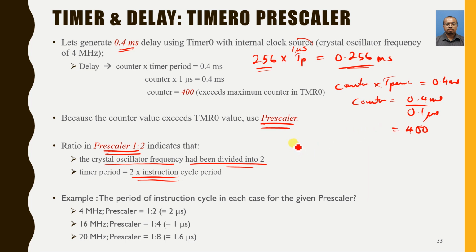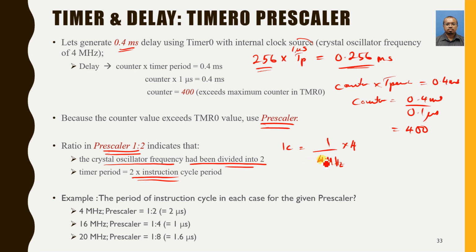Let's say you have a 4 megahertz crystal and you use prescaler 1 to 2. The calculation for instruction cycle is 1 over 4 megahertz, times 4 for one instruction cycle, and then you divide the frequency by 2.